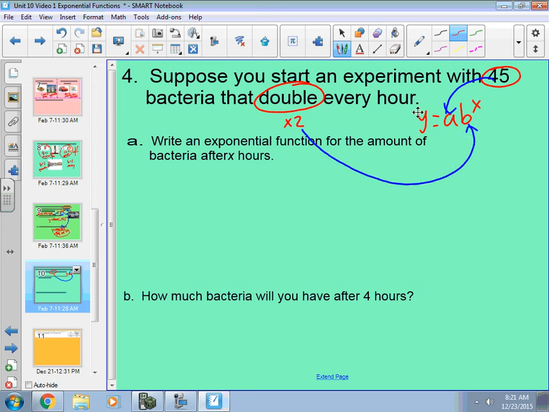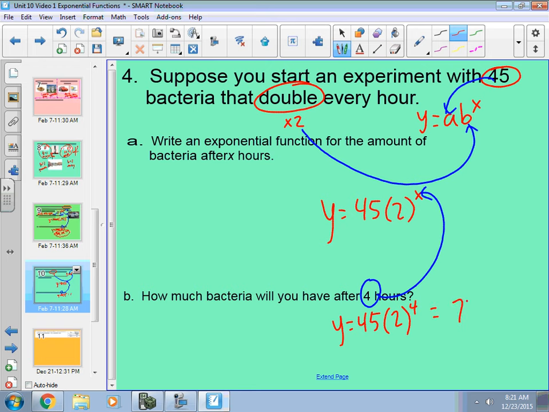Okay, so our equation becomes y equals 45 times 2 to the x power. Now, if we want to know how much bacteria do we have after 4 hours, that's how many times. Y equals 45 times 2 to the 4th power. And if you put that in your calculator, you should come up with 720 bacteria.